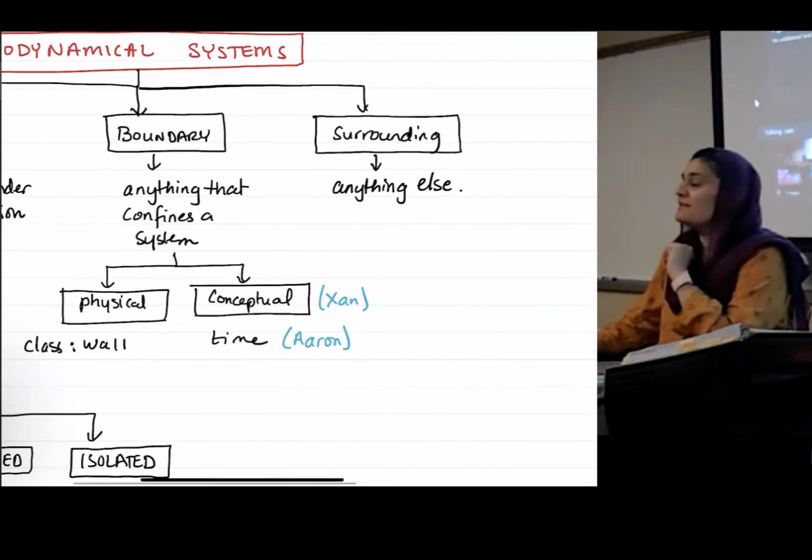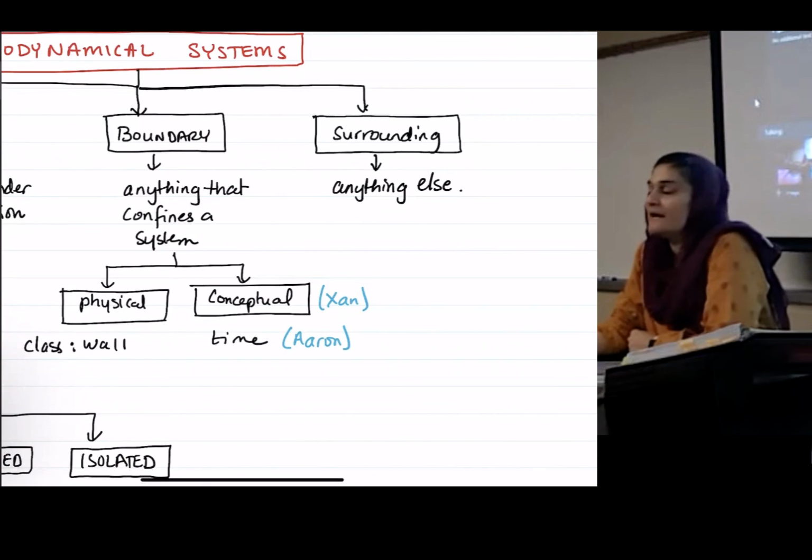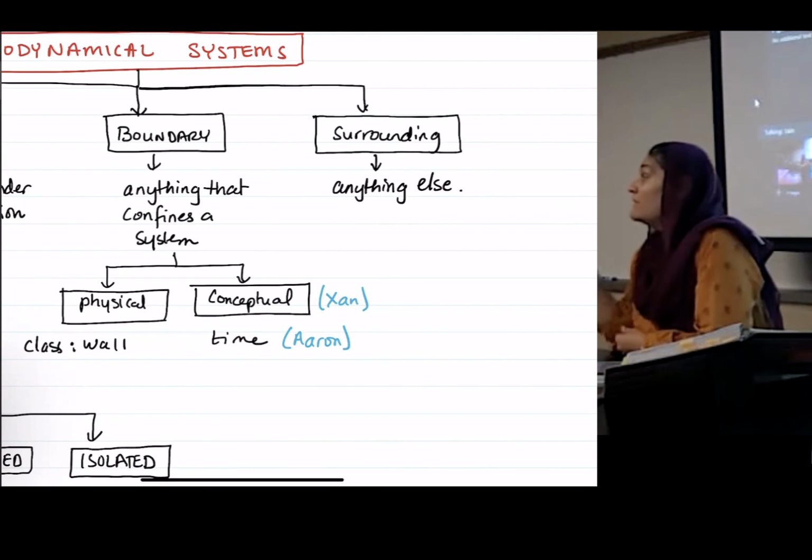Okay, what is a surrounding then? How do I define a surrounding? Is my universe my surrounding for this class? Yes. Is the solar system my surrounding? Yes. Is the earth my surrounding? Yes. All of these things are my surrounding, but what is important?